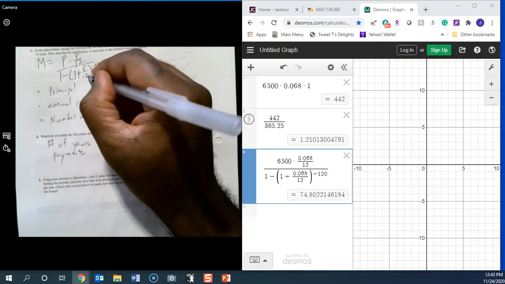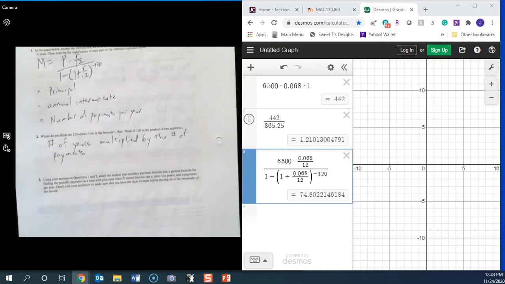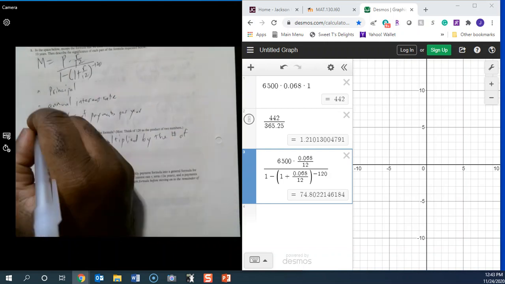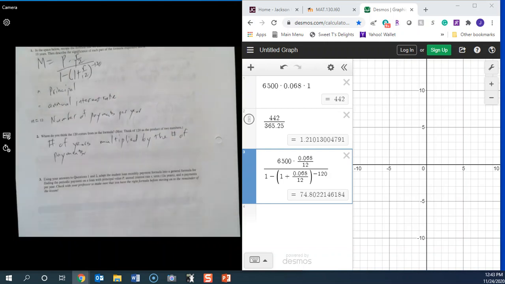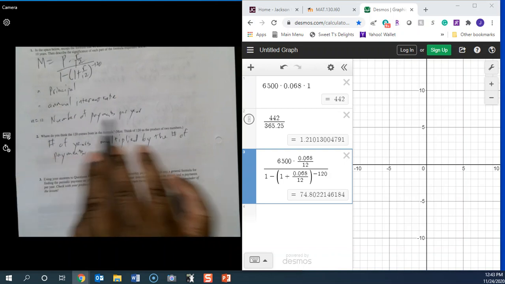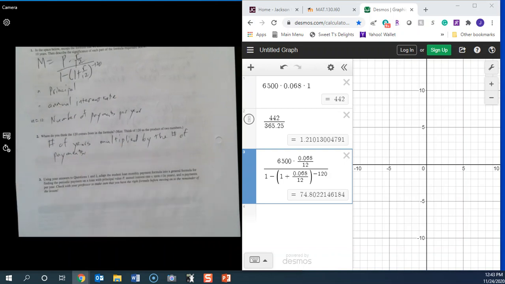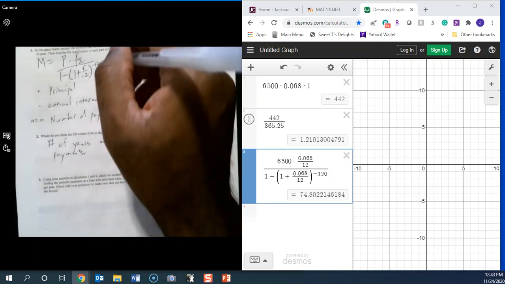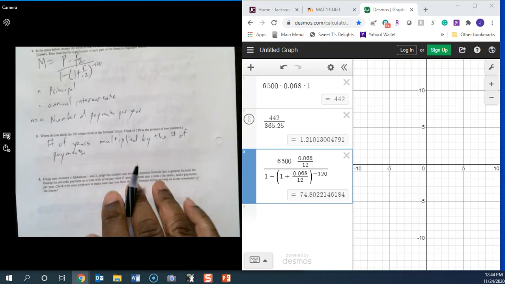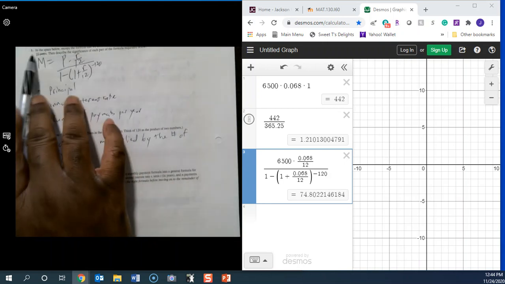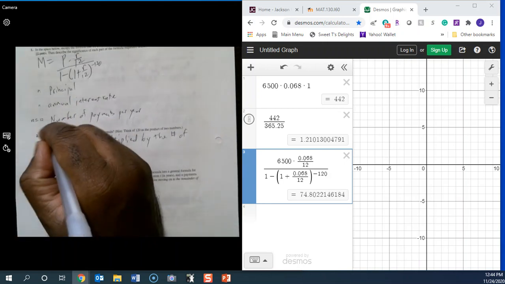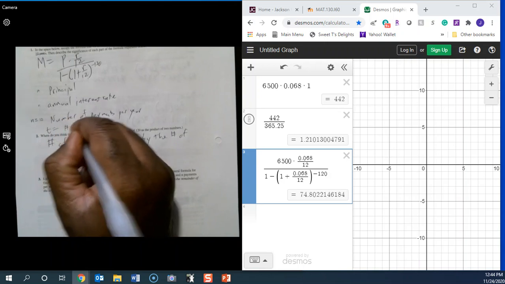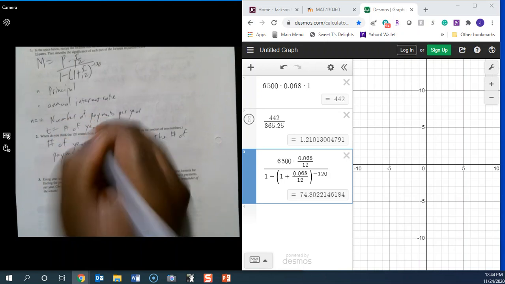These 12s represent how many payments you make in a year. So that would be our N. So I could put this here, N is equal to 12 number of payments per year. So we would know where this N is coming from. Now here, because this is a 10-year loan, we know that our T is the number of years.